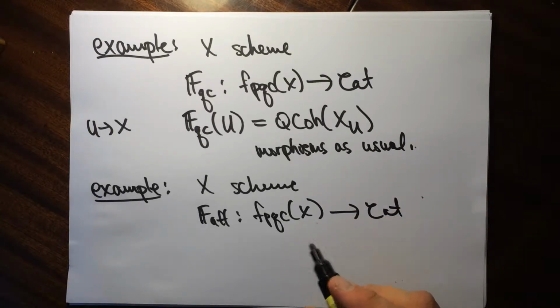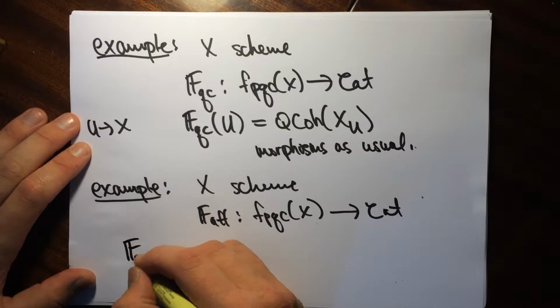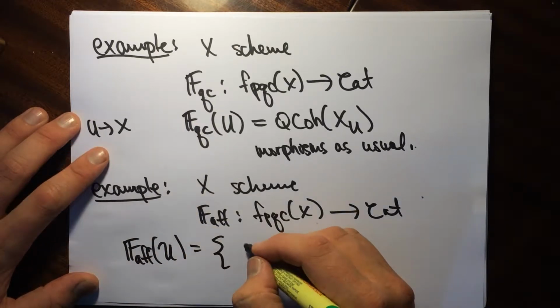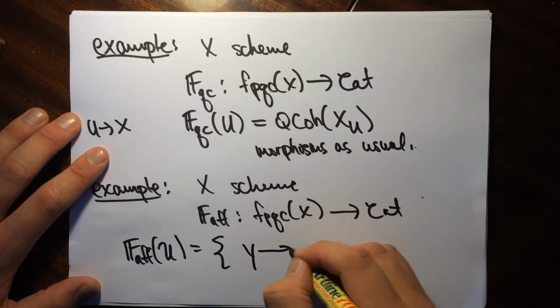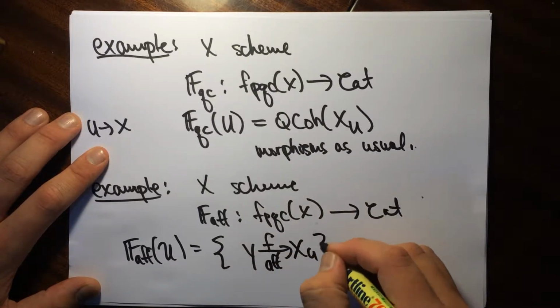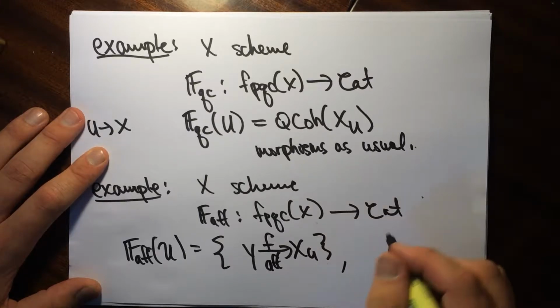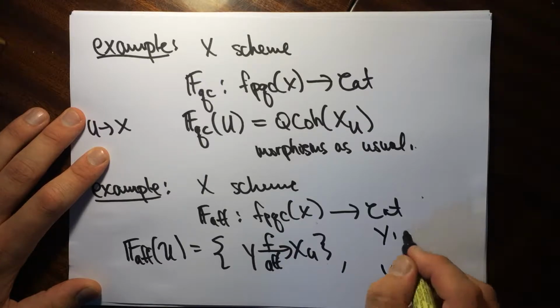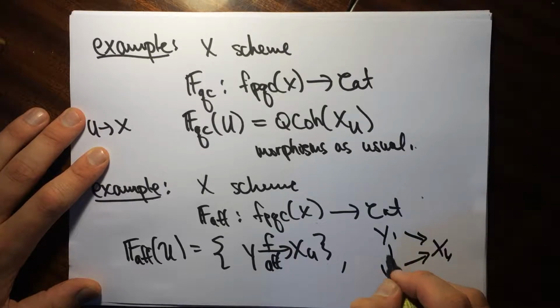And what we're going to do is FF of U will be this category where the objects are affine maps over X of U. Okay, and then morphisms are the usual thing. So Y1 to Y2 over XU is like so. So these are the morphisms.